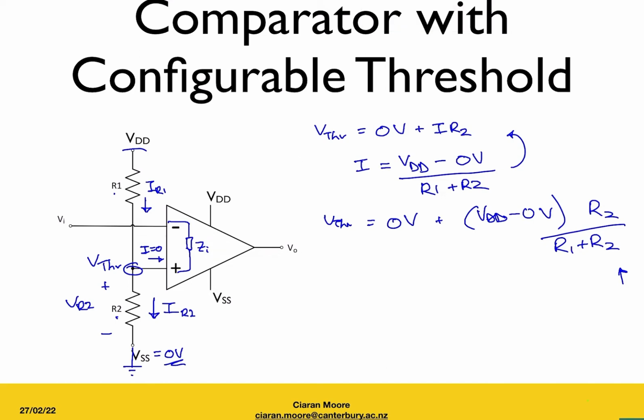Now, let's go out and we'll remove that simplifying assumption we made before. So I'll no longer assume that VSS is 0 volts. I'm going to treat that as an arbitrary value. So everywhere where I had 0 volts before, I'm now going to put in VSS. Two more, that one, and then this one here.